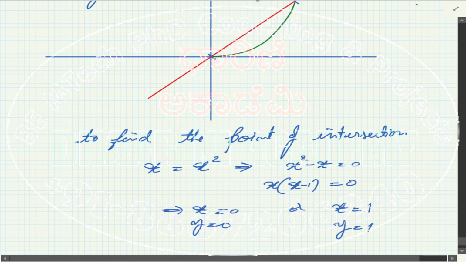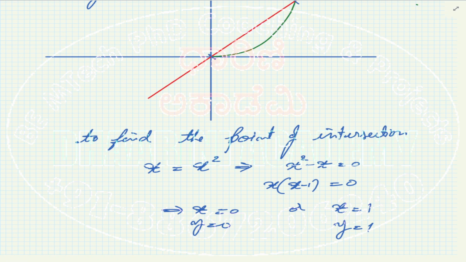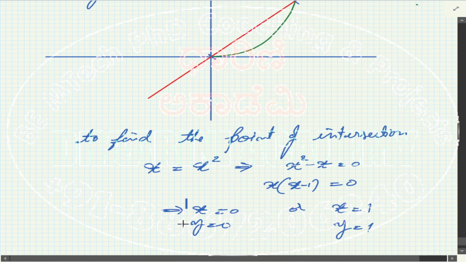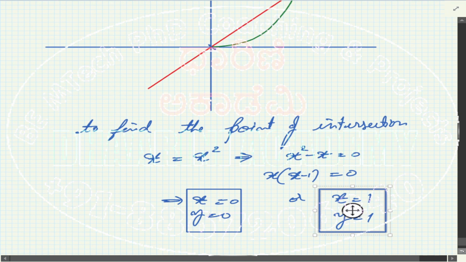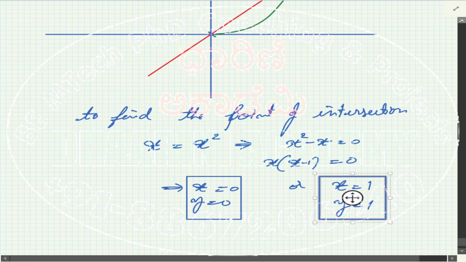So we have 2 points where the intersection happens. One is this and another one is this. Right, so these are the 2 points of intersection which we can see on the graph.